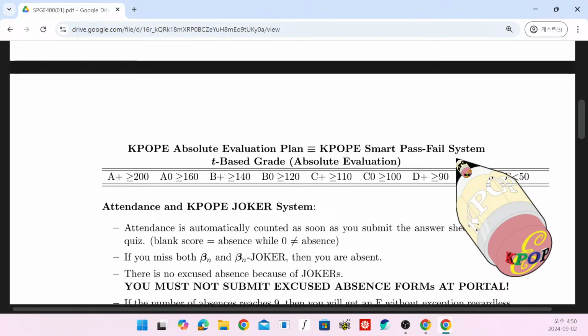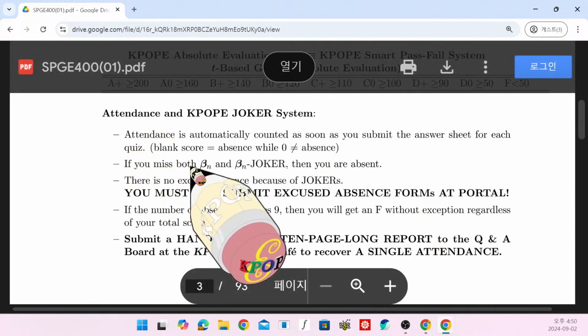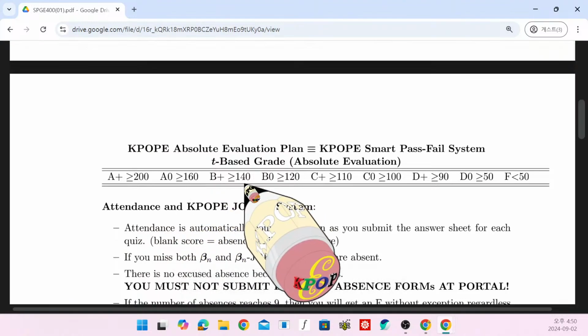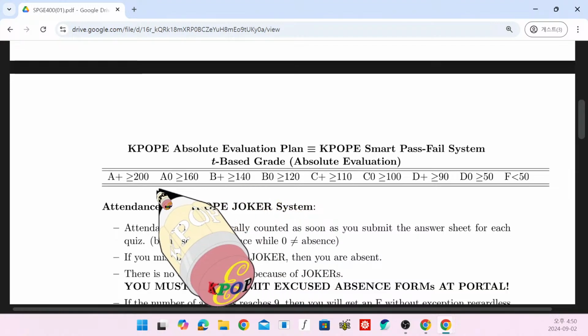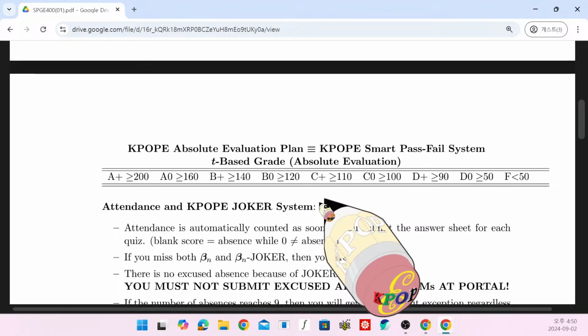It guarantees you are good enough to be acquainted with physics. So this number is absolute. I don't change. I am the stupidest person to keep this strict rule. Okay?